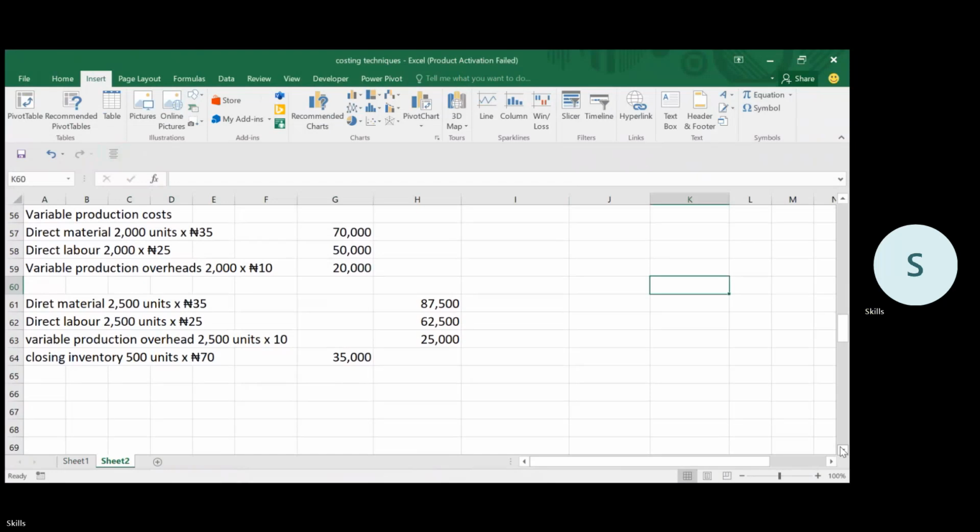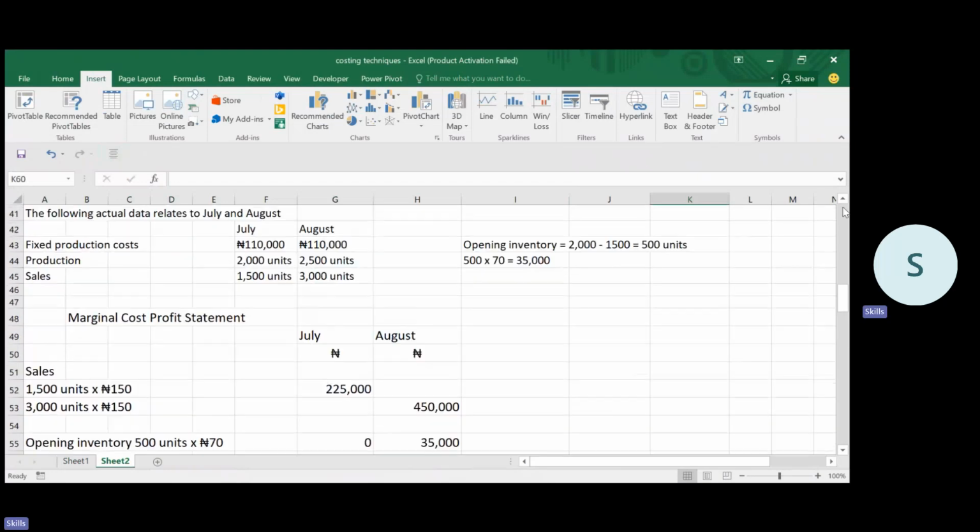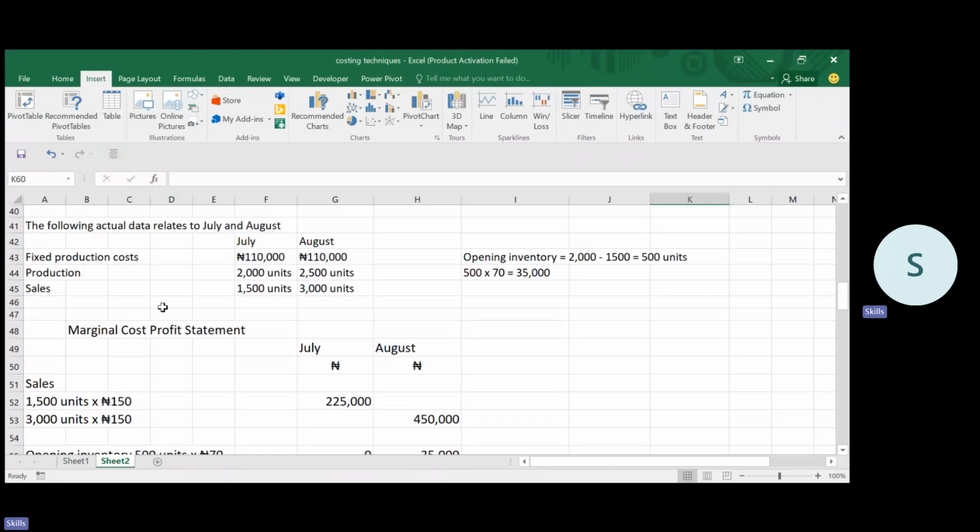So now, for August, do we have closing inventory for August? Let's see. The total production for August is 2,500. And remember, we have the 500 from July. That will make it 3,000. And total sales for August is 3,000. That means there's no closing inventory.